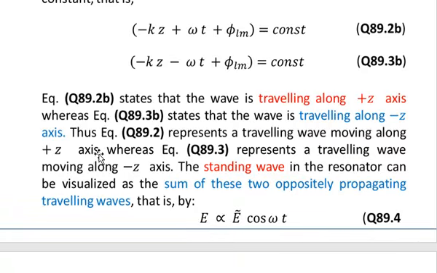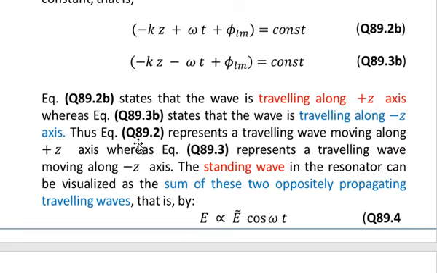So let me read the statement over here, this paragraph. Equation 89.2b states that the wave is traveling along the positive z-axis, whereas equation number 89.3b states that the wave is traveling along the minus z-axis.